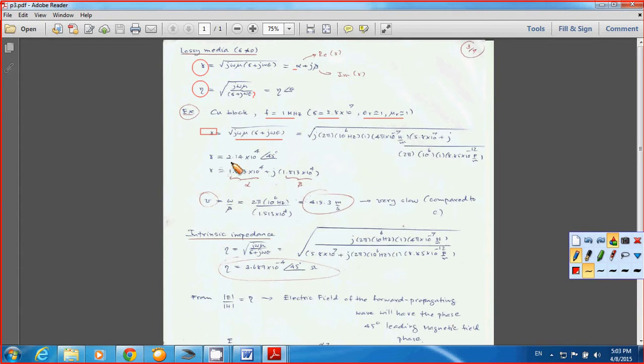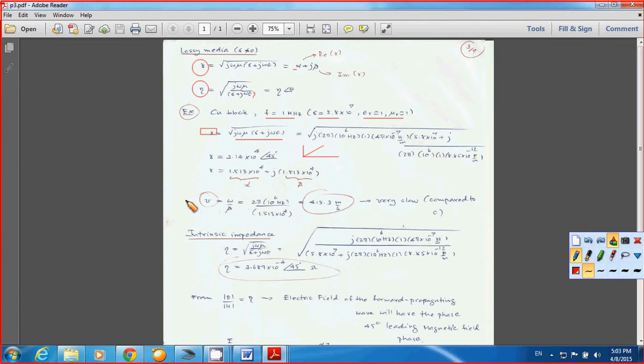You end up with your gamma equal to 2.14 times 10 to the 4th, and the phase angle is 45 degrees. When the phase angle is 45 degrees, you know exactly that the real part has to be equal to the imaginary part, which is equal to 1.513 times 10 to the 4th.